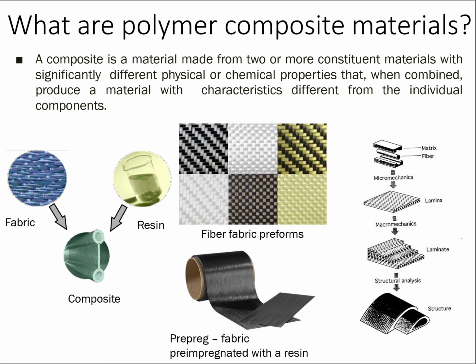But nowadays, whenever you hear the word composites in mechanical engineering departments or aerospace programs, we are usually talking about fiber fabric, like these preforms, that are combined with a resin, and this combination has formed the fiber into a material that has a special use.